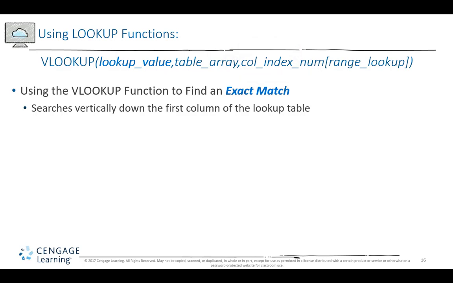And the fourth optional input we see here for range lookup will be left blank or with a value of false for an exact match. The range lookup will only have a value supplied when we are looking for a range match. So for approximate matches, there will be a fourth input for the range lookup.